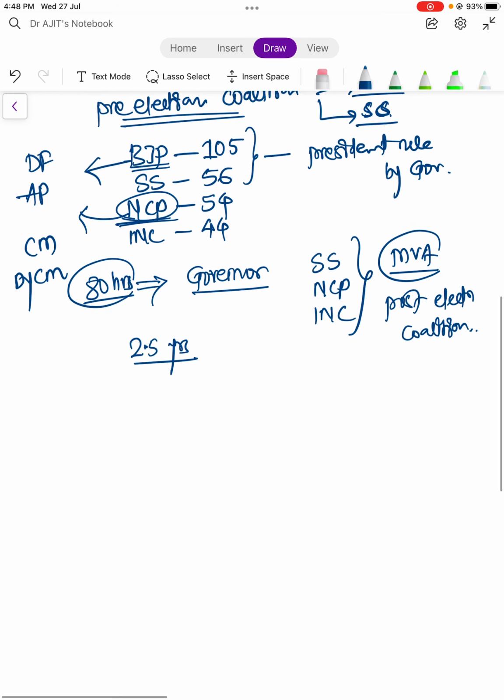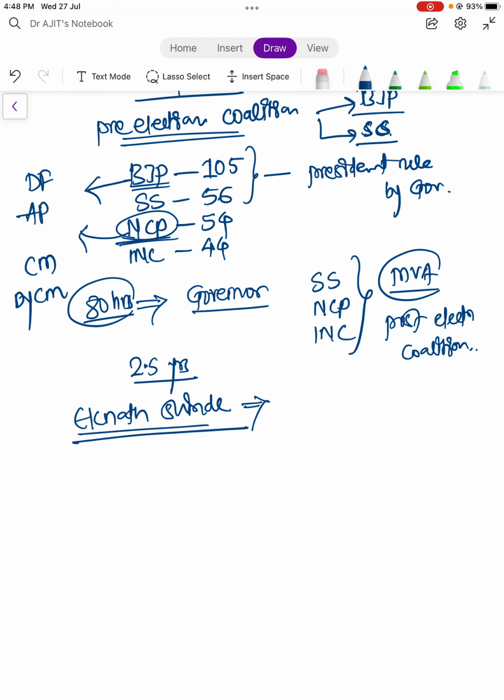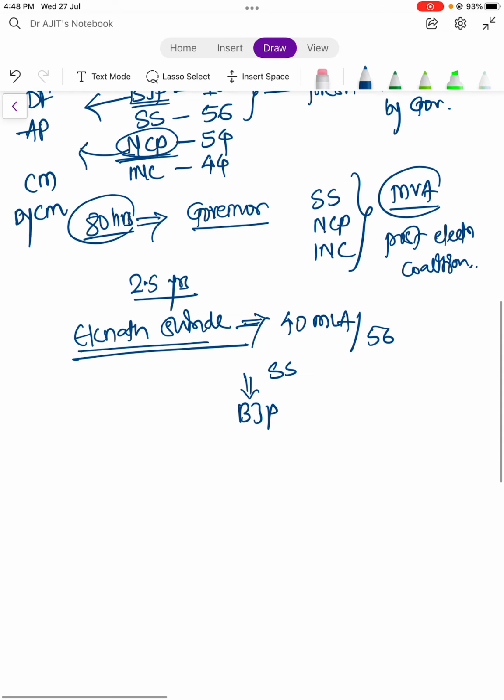But recently, in the last month of June, one MLA, Eknath Shinde, who was a minister in this Maha Vikas Aghadi government, took with him around 40 MLAs out of 56 Shiv Sena MLAs, and he joined BJP. Right?